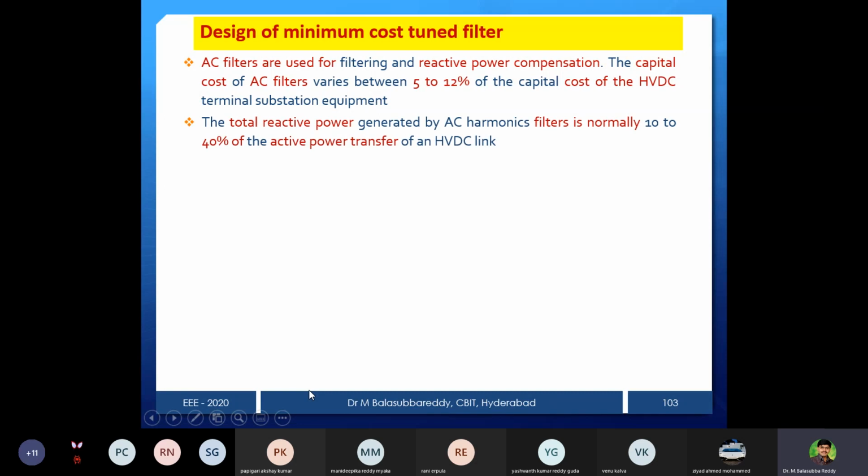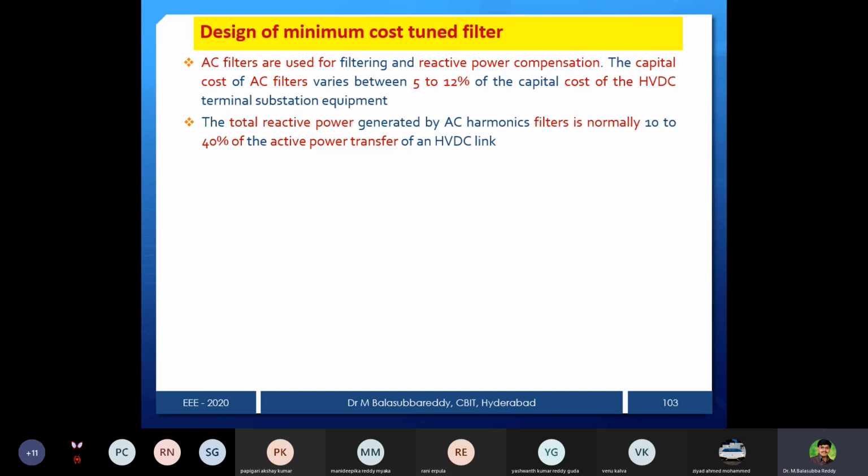The total reactive power generated by the AC harmonic filters is normally 10 to 40% of the active power transfer of an HVDC link.